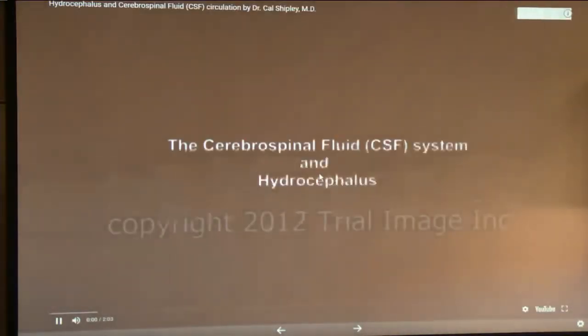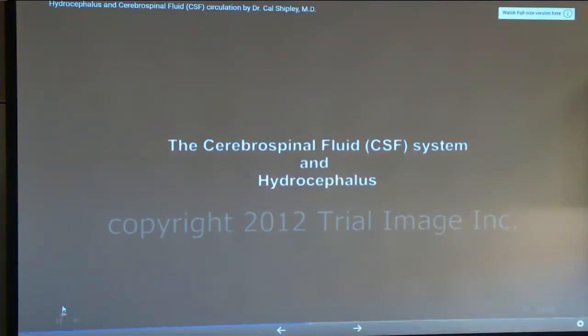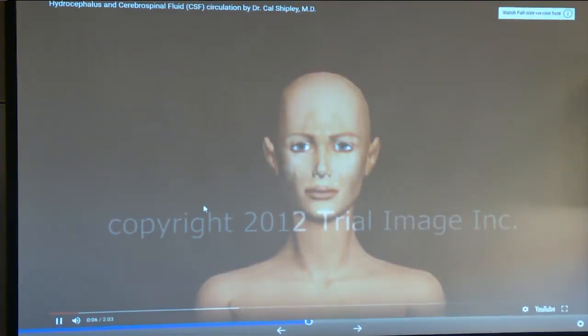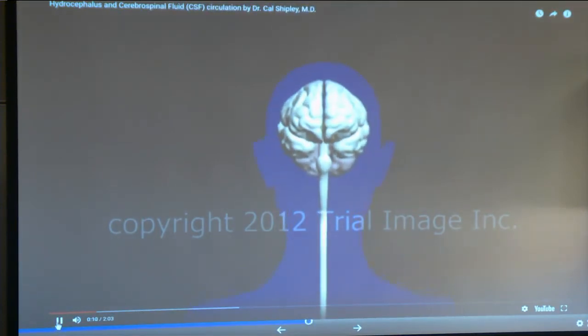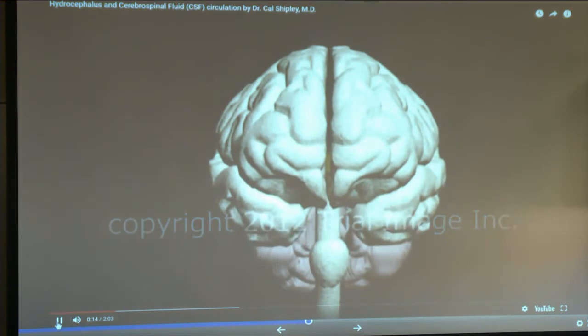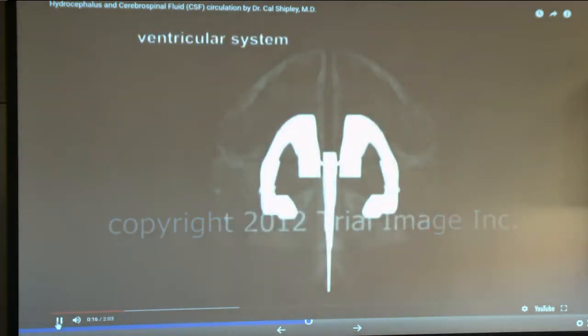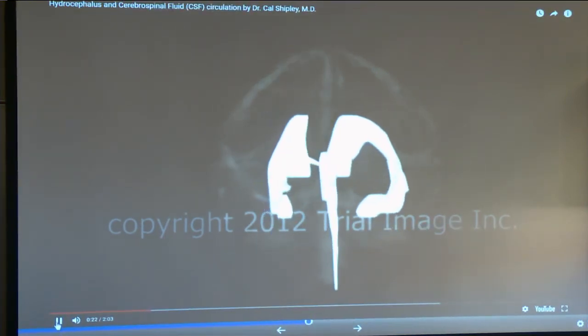Here's a video where we can see flow of CSF fluid. Pretty good video. So first off, we can see the ventricles. You can see the horn-shaped lateral ventricles, kind of like the horns on a ram.